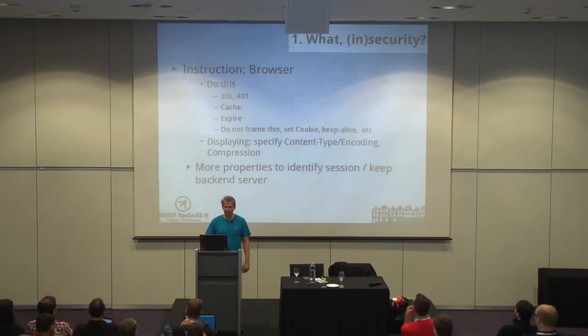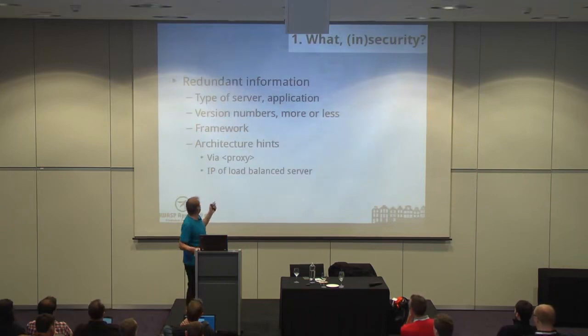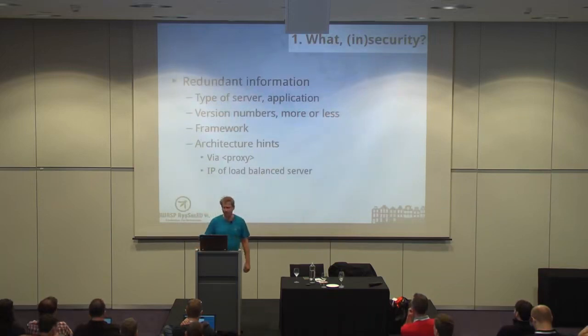But there are also futile pieces of information in there, for example, type of server, the application, version numbers, and all that stuff. You can also get hints regarding the framework. Architecture hints, for example, the Via header tells you that there's a REST proxy up front. Sometimes you see the IP of load balanced servers. I'll give one example of that later on.